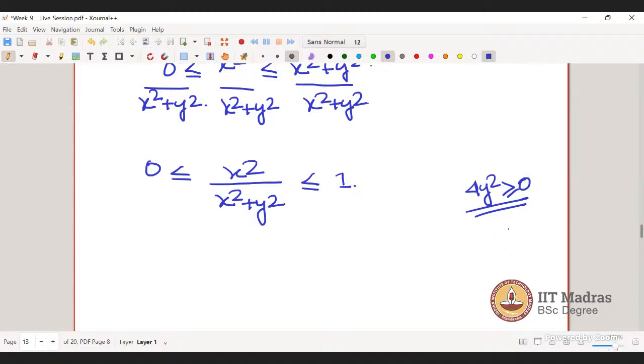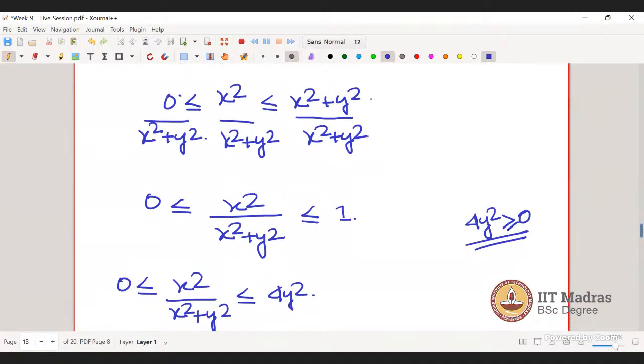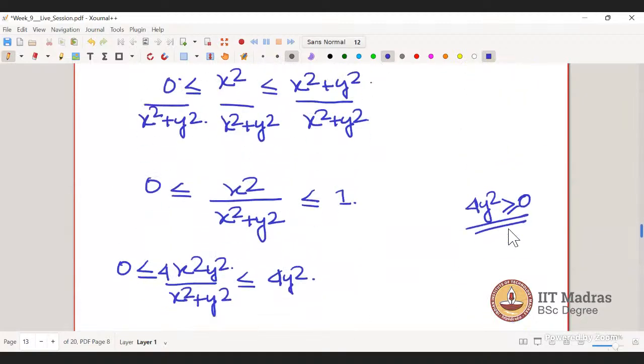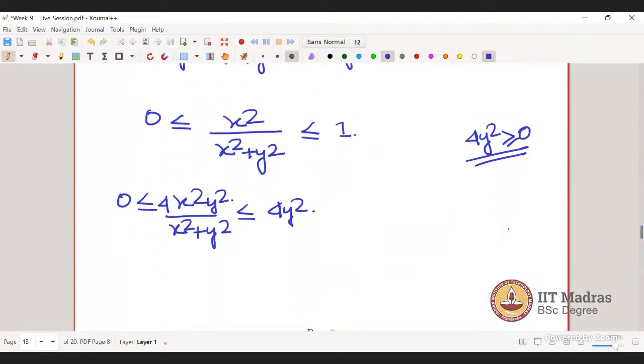The limit is less than 4y square. Your 4y square should come in the numerator, in the middle term. Okay, sorry, yes, true. So now I have my function, and it is less than 4y square.